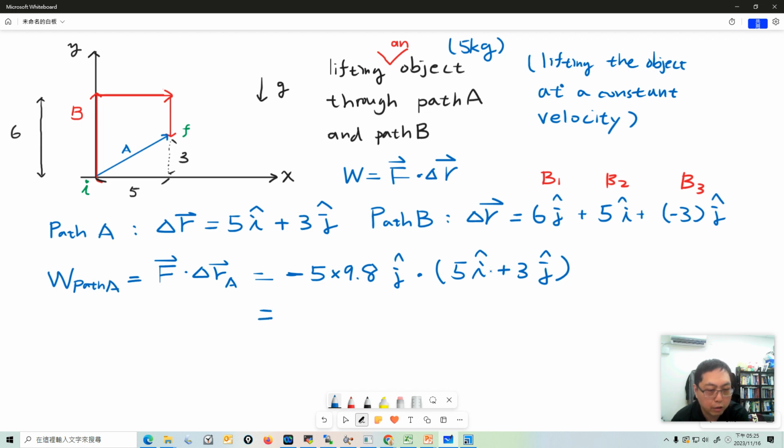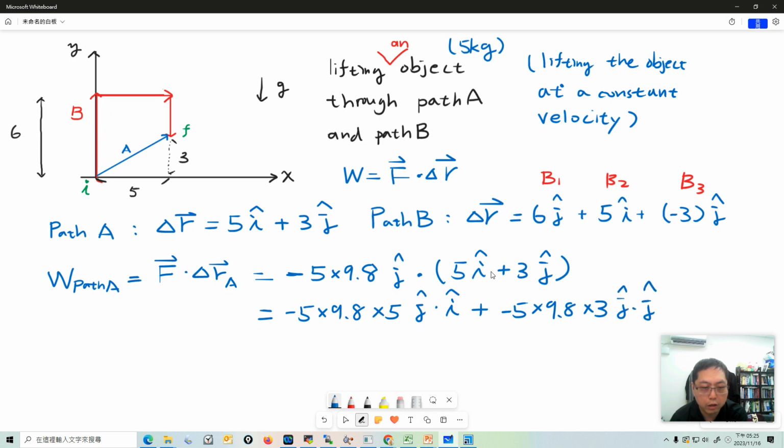You are doing a dot product, so we multiply the constants first: minus 5 times 9.8 times 5, j dot i, plus minus 5 times 9.8 times 3, j dot j. If you're familiar with vector calculation, the different unit vectors j and i are at 90 degrees, perpendicular to each other.